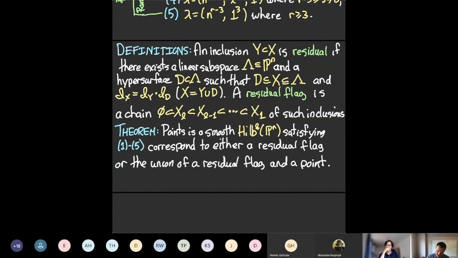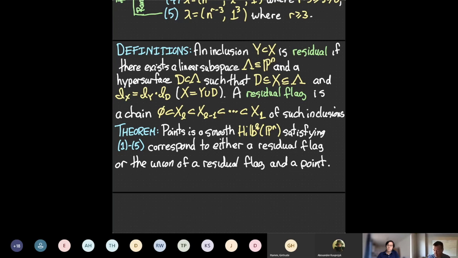But when the point collides or moves into the residual flag, you don't get an isomorphism. You get some blow up. So the Hilbert scheme is only birational to the parameter space of residual flags cross projective space. There's a little bit of a blow up there.